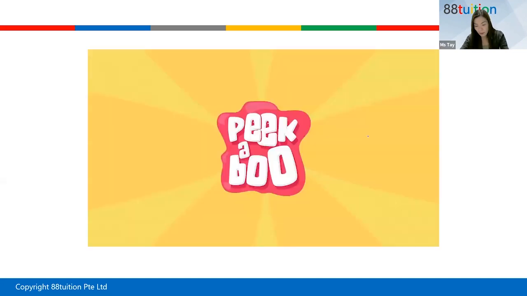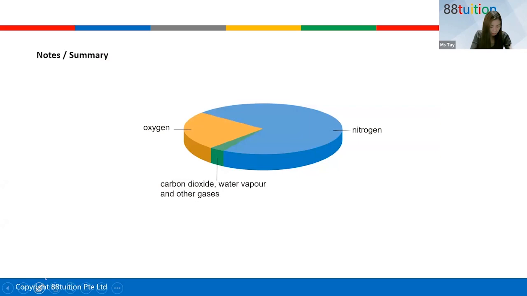Are you okay if I write down the percentage for you? You won't get confused, right? What is nitrogen? Nitrogen is a form of gas. It takes up a very big percentage of the air around us. We breathe in nitrogen also.